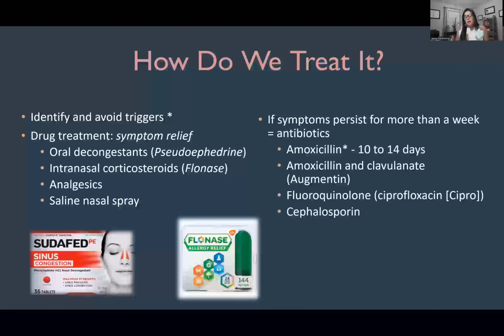If you need antibiotics, then a go-to antibiotic is amoxicillin, and it's given 10 to 14 days, or you have something called amoxicillin with clavulanic acid, or Augmentin. And so it depends on your history, depends on what the doctor will give you.